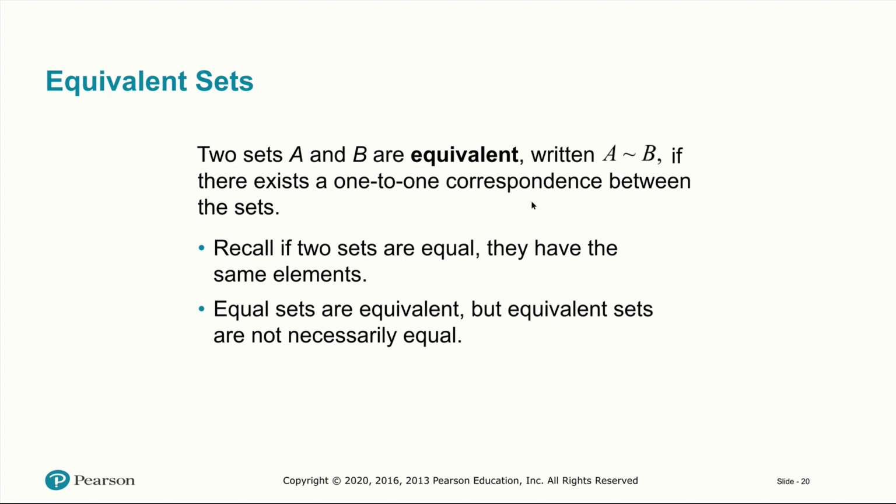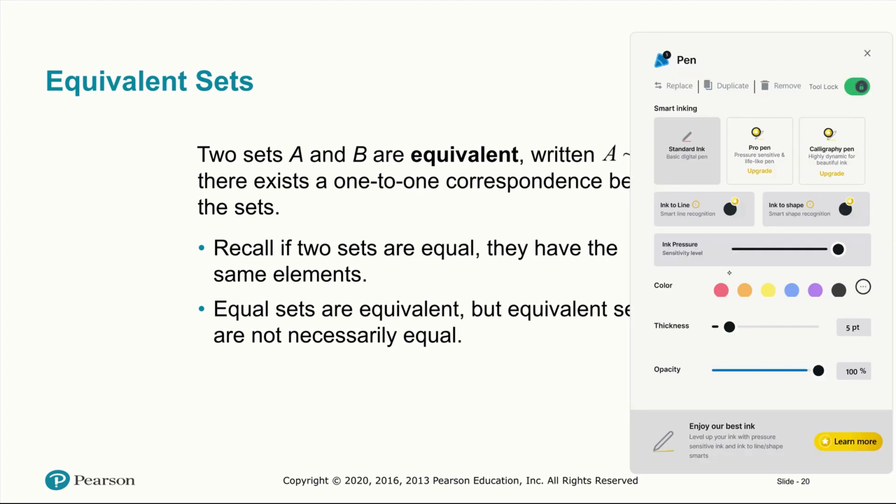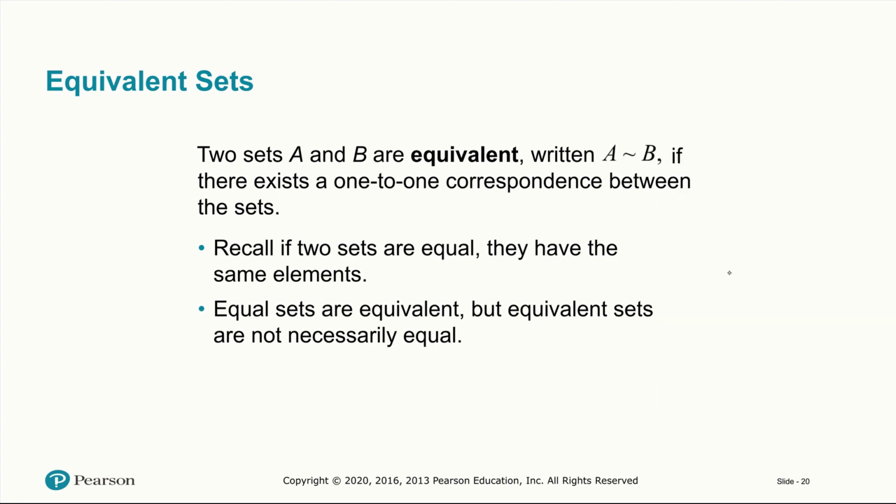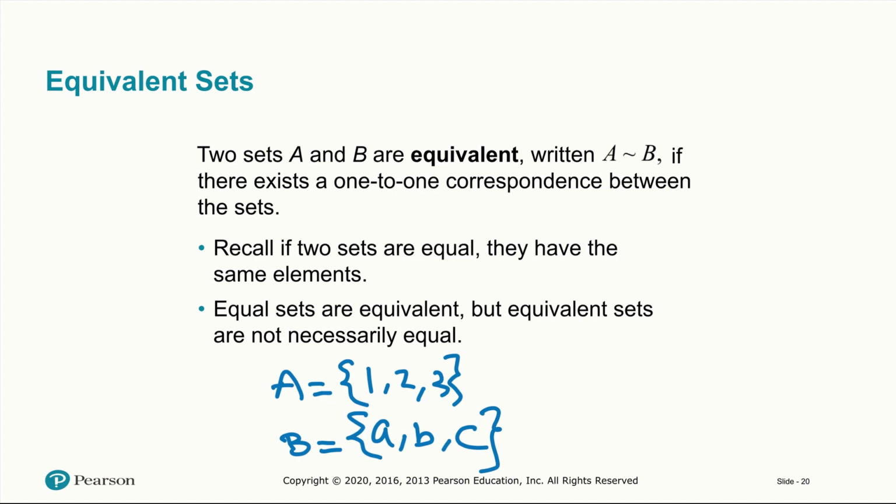So we already saw, for example, that there is a one-to-one correspondence between the elements of the set containing 1, 2, 3, and the set B containing the letters A, B, and C, right?